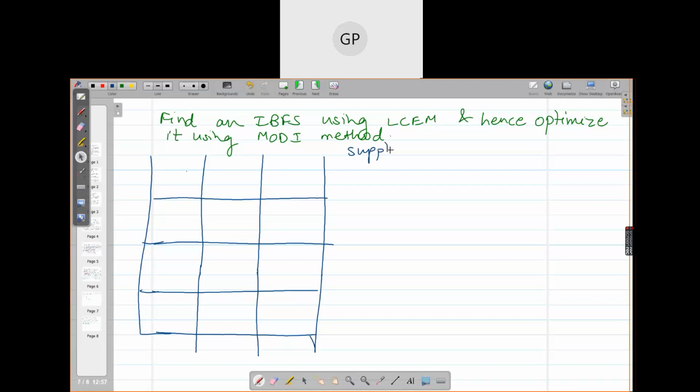Its supply is 5, 8, 7, 14. And demand 7, 9, 16.